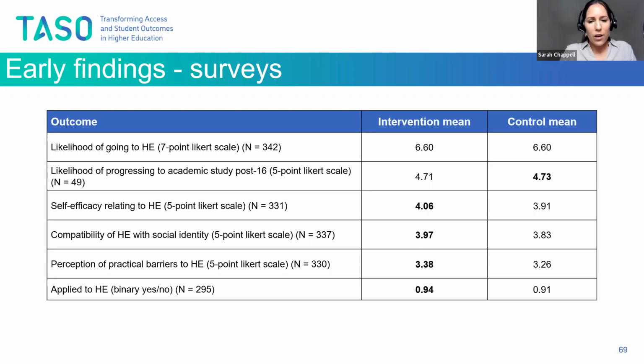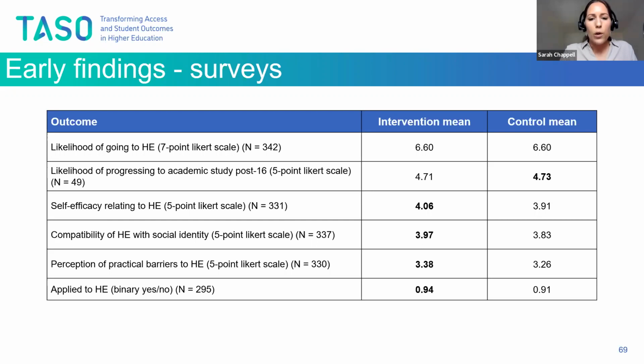Whereas for our final four survey outcomes, we can see that the intervention group did respond a bit more positively. So particularly in regards to self-efficacy, so this was their confidence in relation to applying to HE and succeeding in HE. It was higher in our students who actually received a place on the summer school.